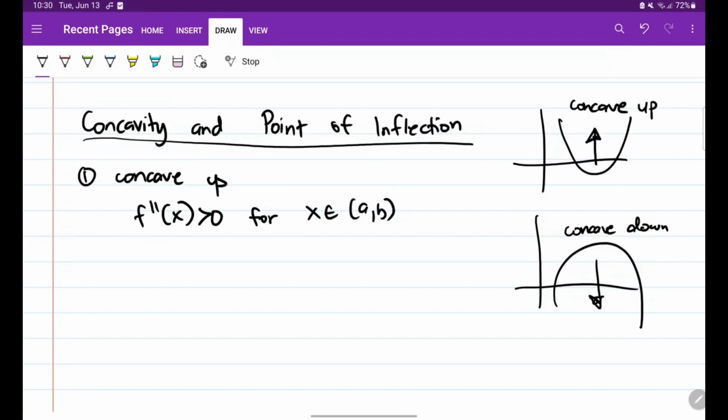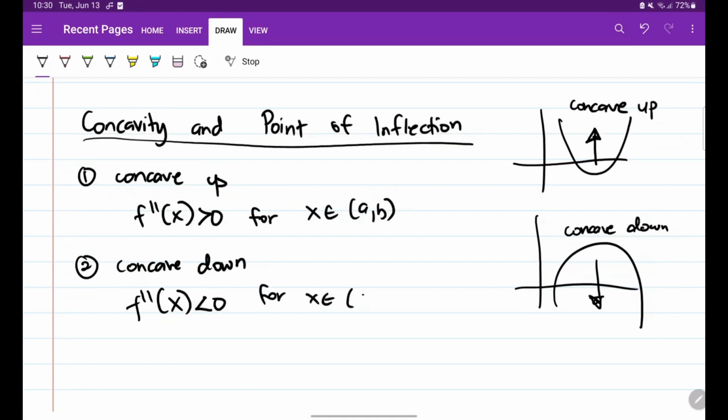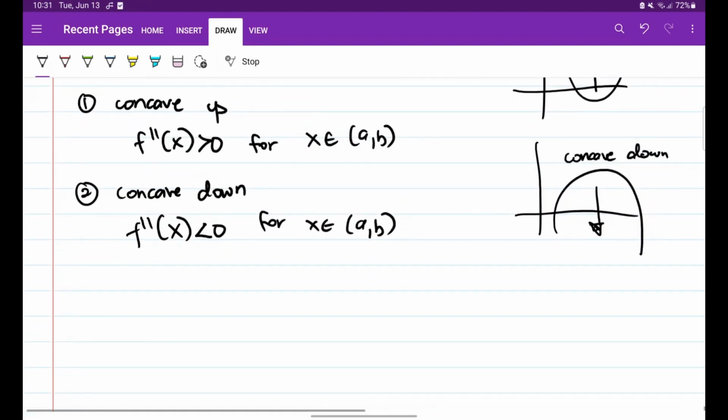Meaning you take the second derivative of the function and then check kung positive or negative ba siya. Okay, and second is concave down. So kabaliktaran lang. If the second derivative is less than 0, for x in (a, b), then it is concave down.